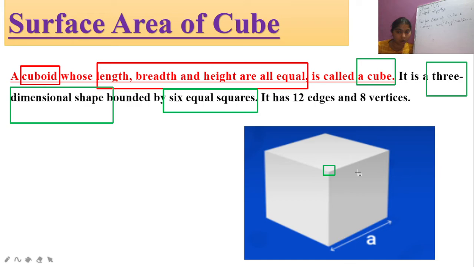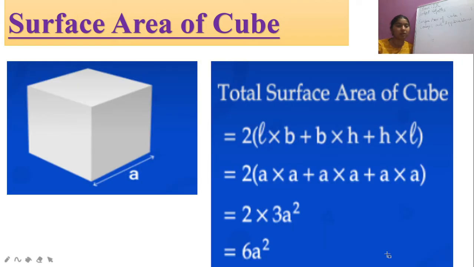Now let's see, students, from this you can see here only one side is given, which is 8. That means all the sides are going to be the same, not different. So that way we can say that this is a cube. Let's find out firstly the total surface area. If I want to cover the whole thing with black color, what am I going to do? Students, we are going to use the total surface area.